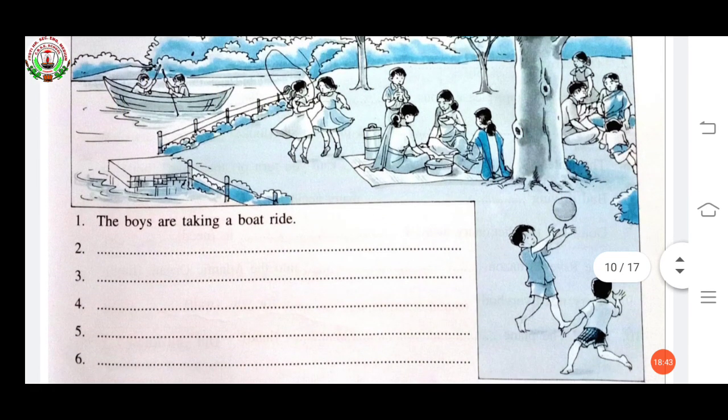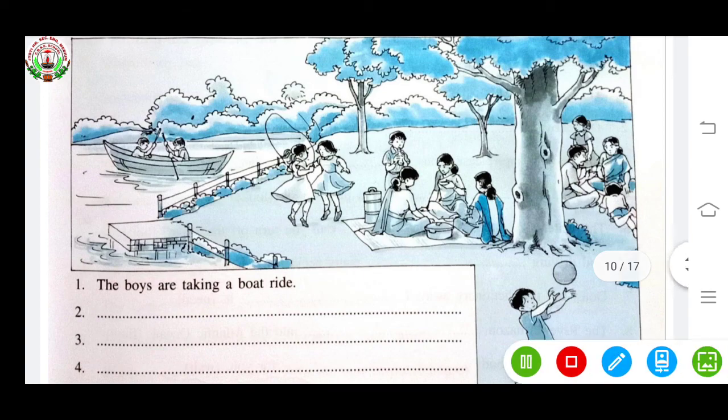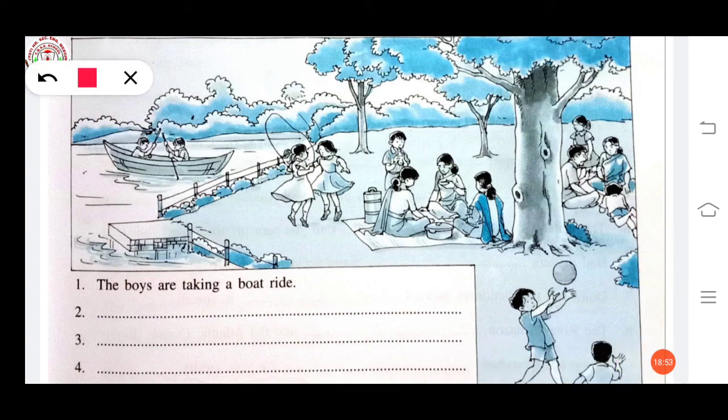like, first one is given for you. The boys are taking a boat ride. Here you can see two boys are there. So are is used with plural. Boys are plural, and with plural are will come.